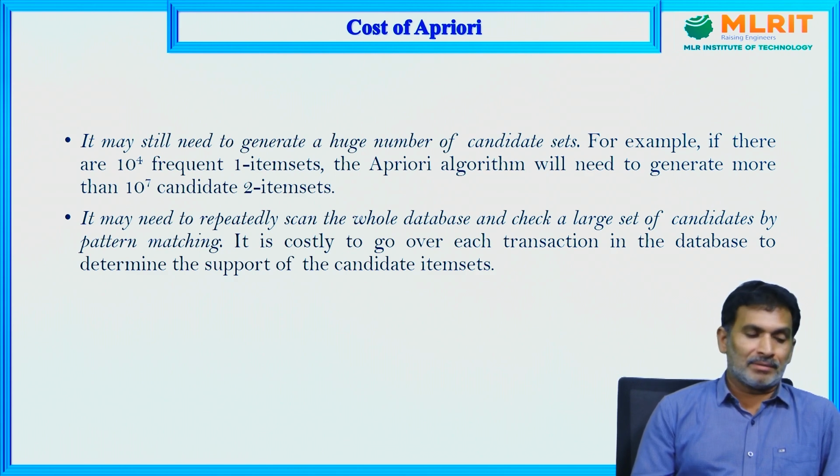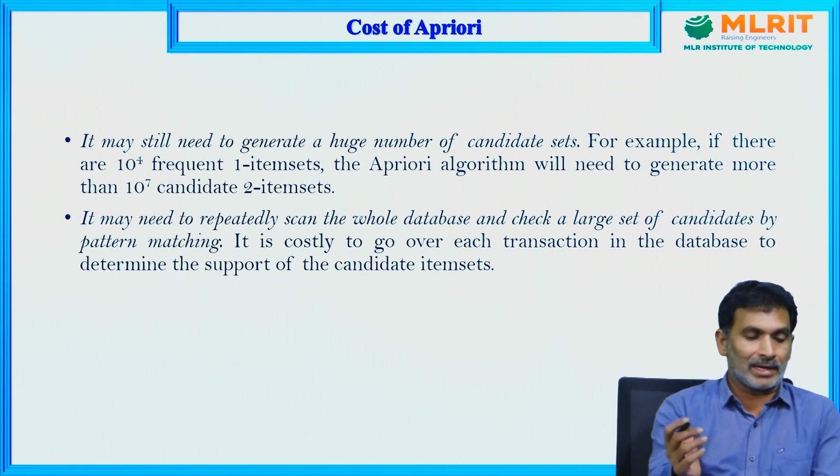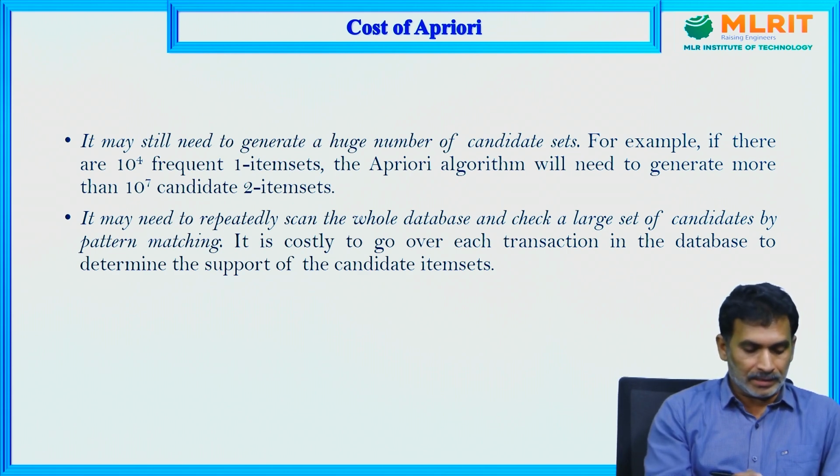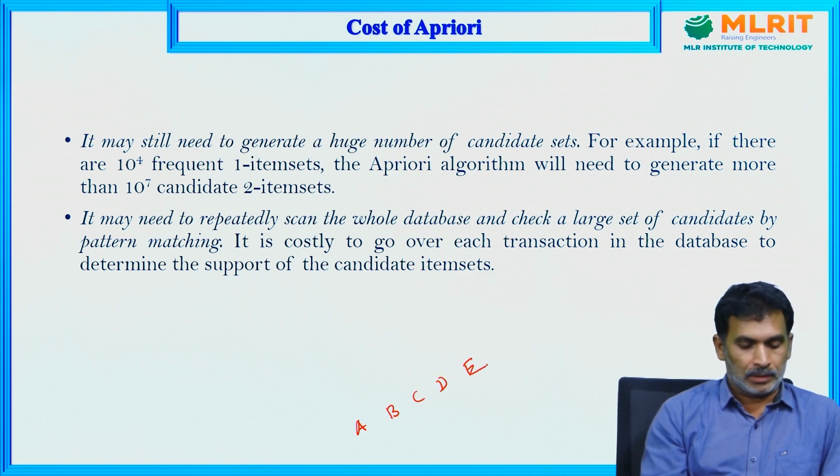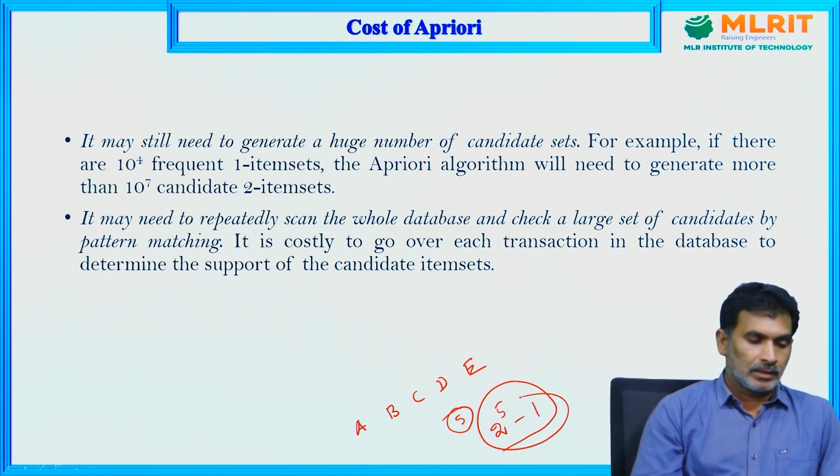For example, if there are 10 to the power of 4 frequent one item sets, for simplicity, if a transactional database has only the 5 items A, B, C, D, E, so then these are 5 items. Okay, so 2 to the power of 5 minus 1 item sets could be generated in this case.